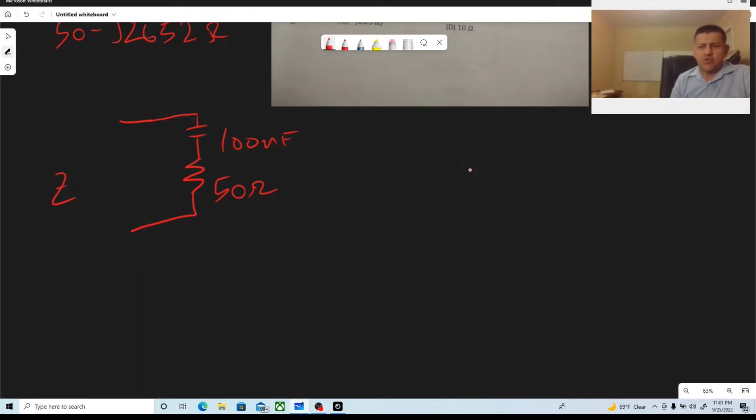We need a formula. In this case, we cannot just use the j; we don't have the j formula, so we have to convert this into a j. How do we do that? We have to find what is called the capacitive reactance of the capacitor, which is basically the same as the impedance of the capacitor.